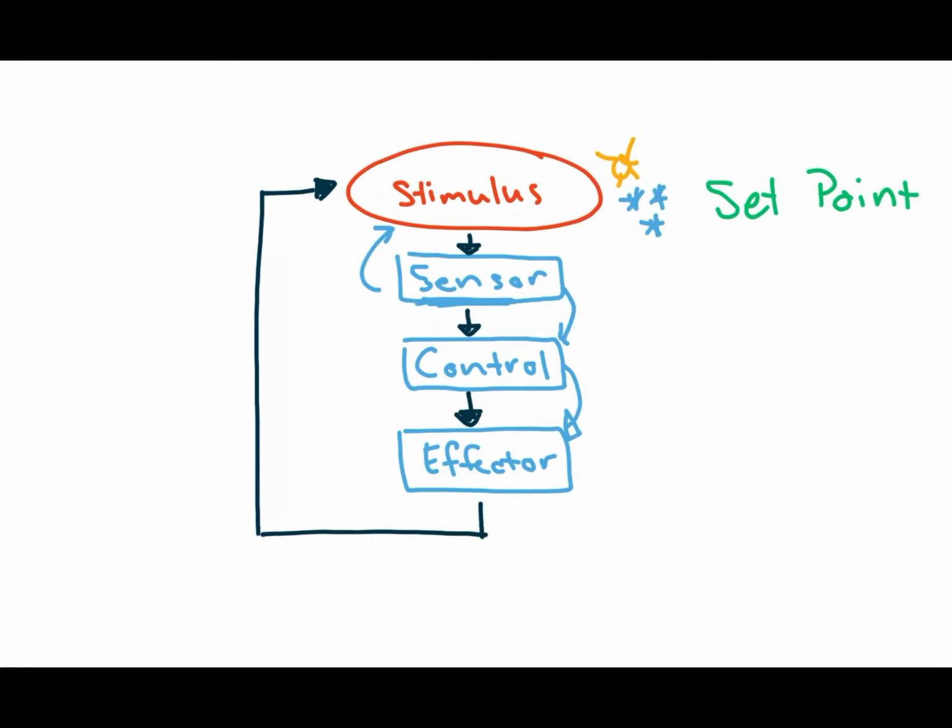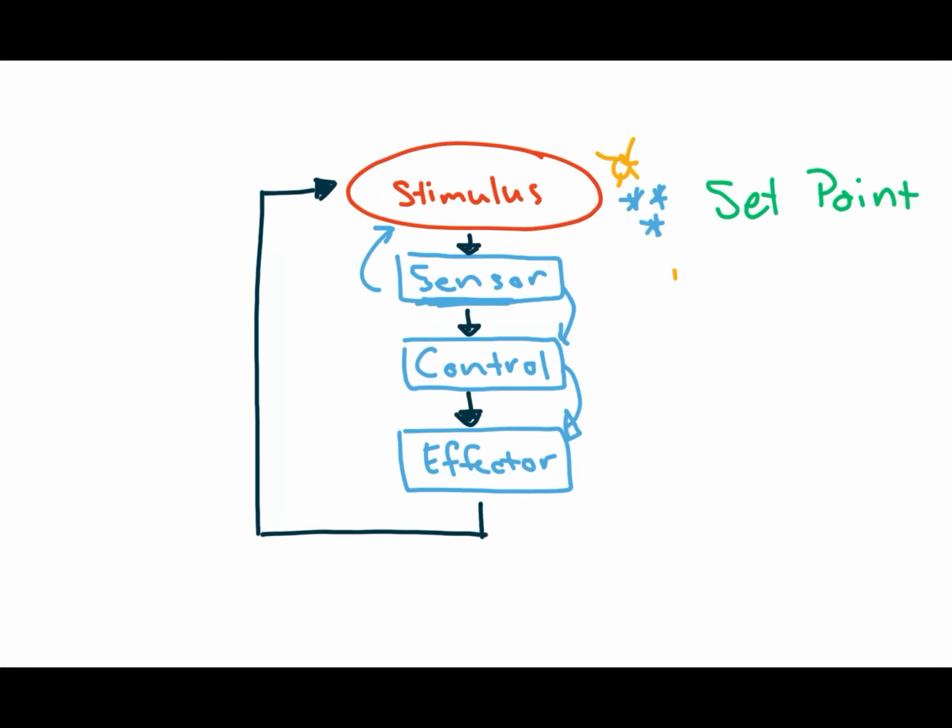The effector is an organ, a gland, muscle, or some other structure in your body that acts on the signal from the control center to move the variable back to the set point. Your body regulates with homeostasis in two ways. It can either be a positive feedback or a negative feedback.